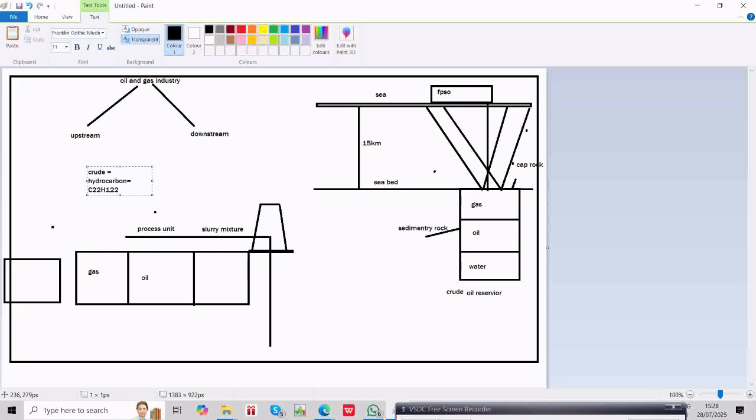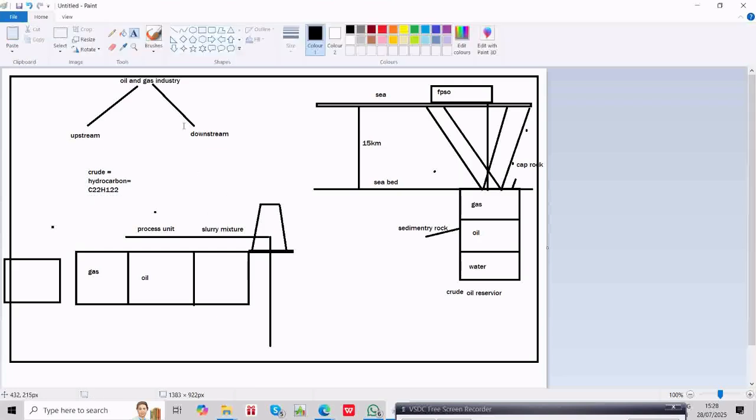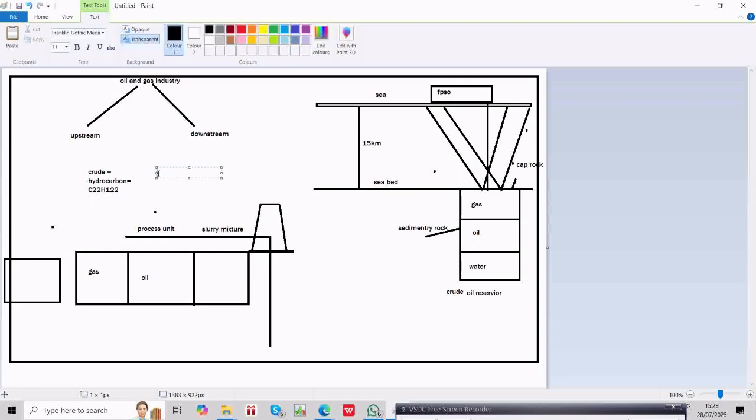So 22 carbon atoms are placed in a line, like this: dash C dash C dash C dash C, like this. So 22 carbon atoms, and at every bond you have three hydrogen atoms. So one this side, one this side, one this side. Three hydrogen atoms here, three hydrogen atoms at the last, and at the center two hydrogen atoms.